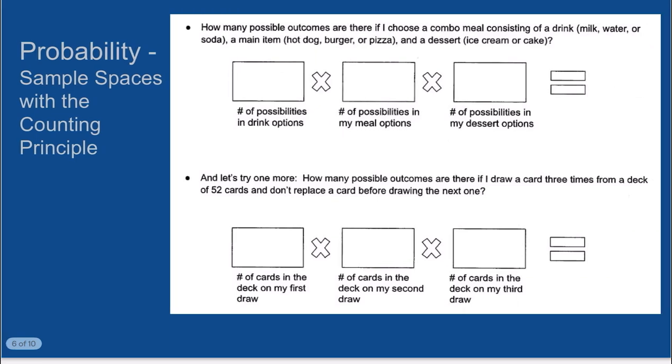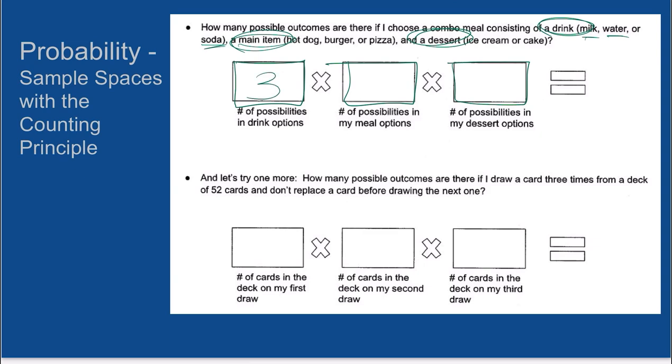Let's try the counting principle with our menus. So when we're looking at drinks, well, let's go back. Now we're looking at how many options, right? We have drinks, we have main menu items, and we have desserts. So that means we have 3 numbers we are going to be multiplying. This first one I could say is my drinks. There's milk, water, or soda.